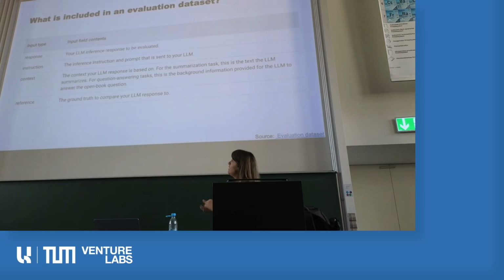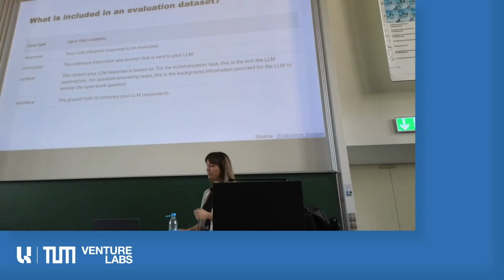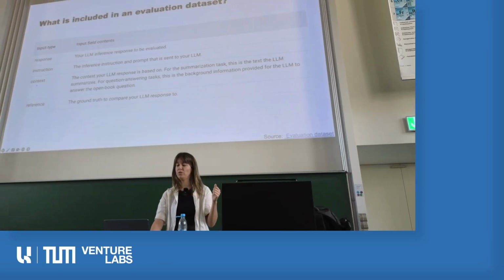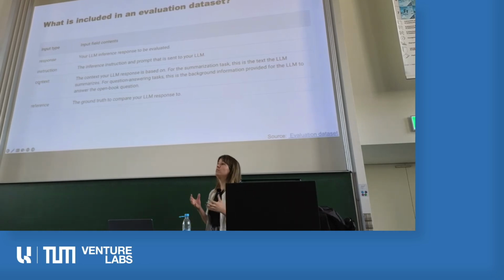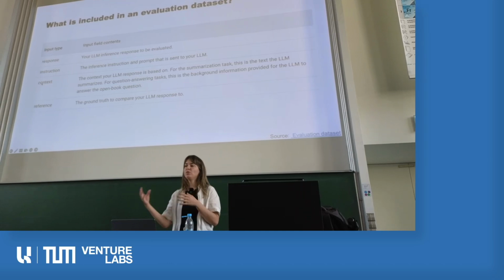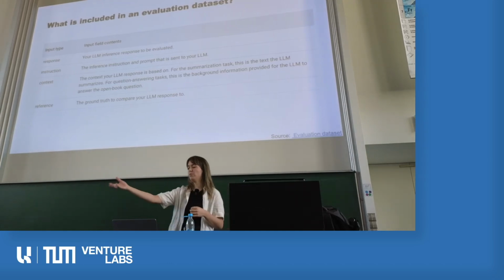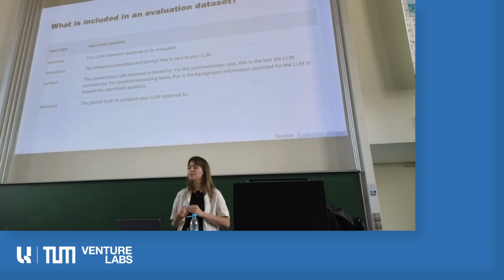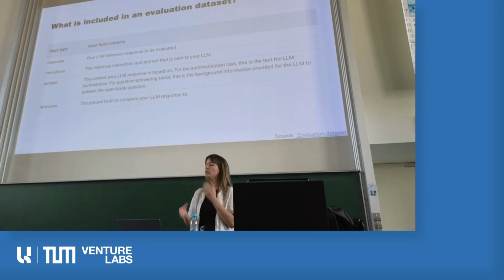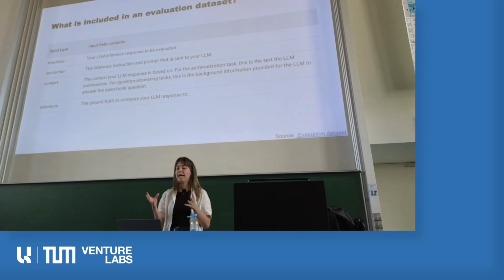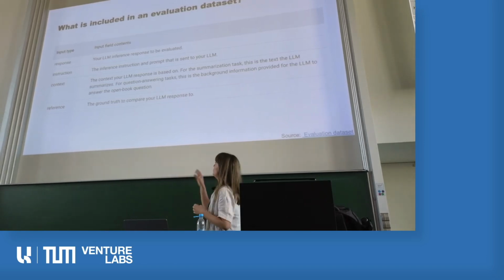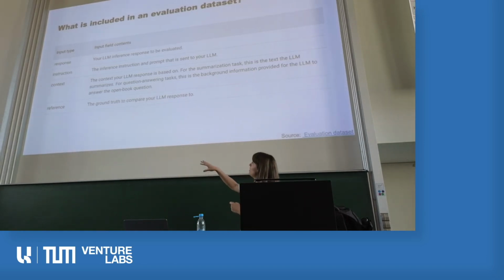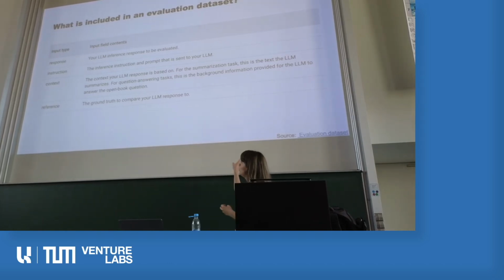You have the context. Context, for example, as Pablo showed you, can be those retrieved documents. Sometimes you don't need context. Maybe you just want to get what the model knows. In a RAG application, you will need to use context. So this data can also be empty. But the idea is that you also have the reference, the ground truth to compare your LLM response to.